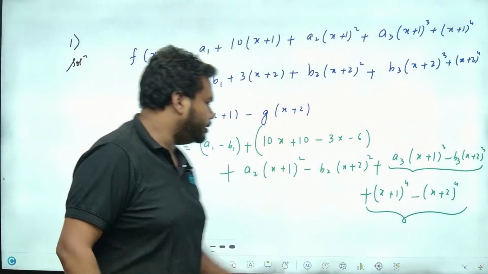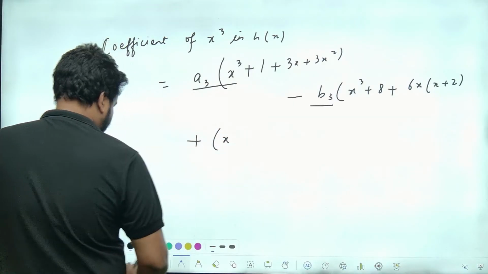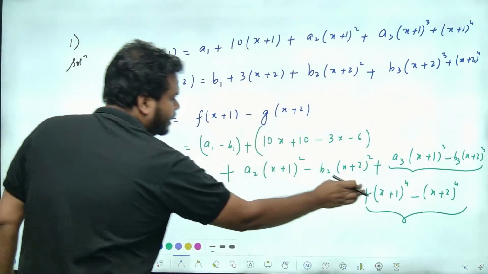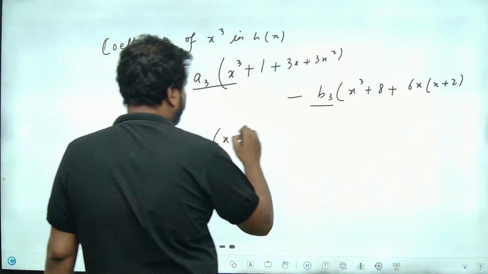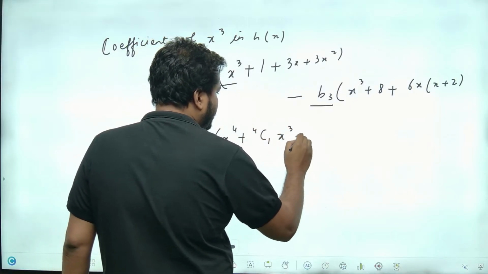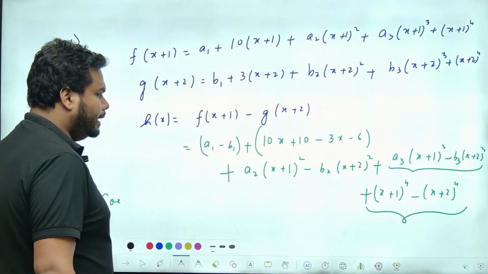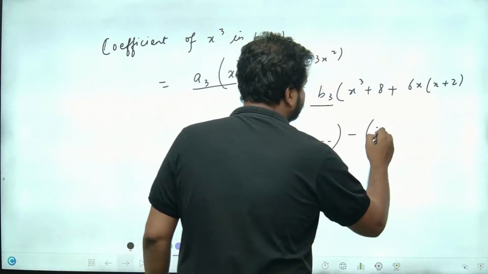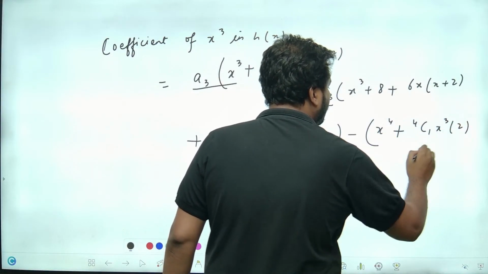Now check for this. Expanded, it will use the binomial theorem. It will be x to the power 4 plus 4c1 x cube into 1 and so on, minus x to the power 4 plus 4c1 x cube into 2.